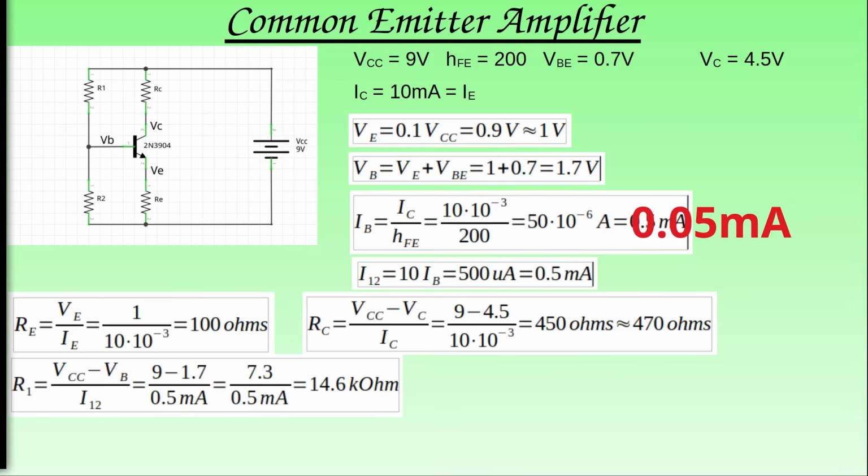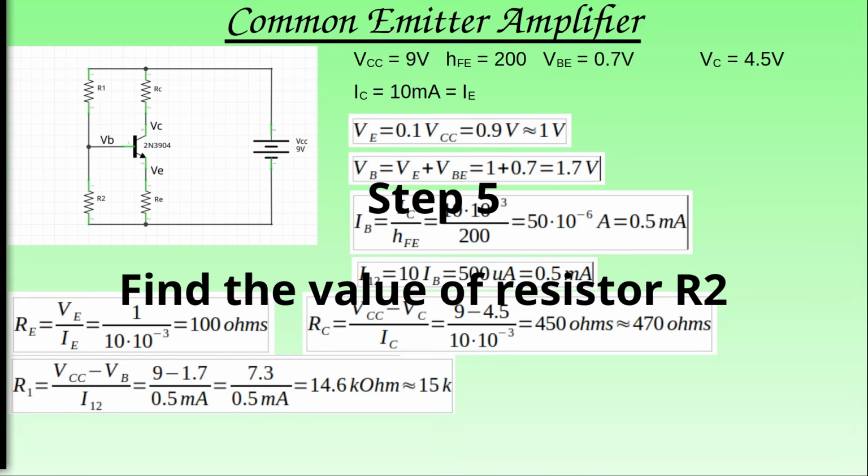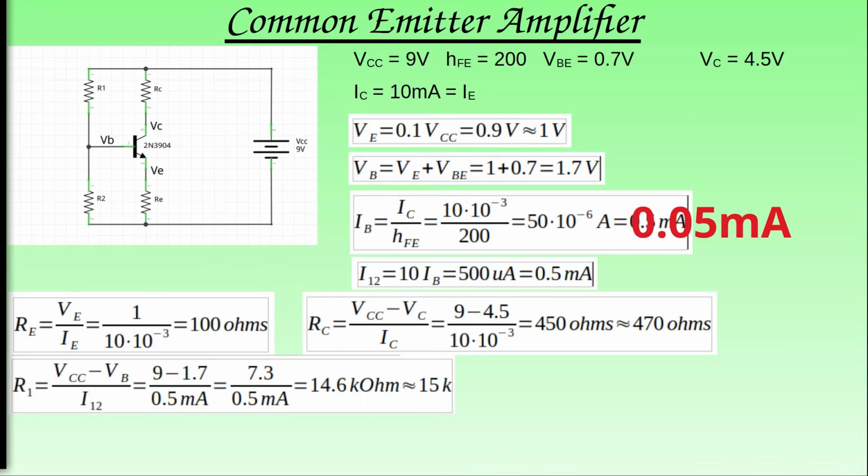And this ratio equals to 14.6 K, which we can round to 15 K. Finally, the last step, the calculation of R2. For that, one more time we use Ohm's law and we obtain R2 equals VB over I12, which is equal to 3.4 K, and this we can round to the closest standard value of 3.3 K.